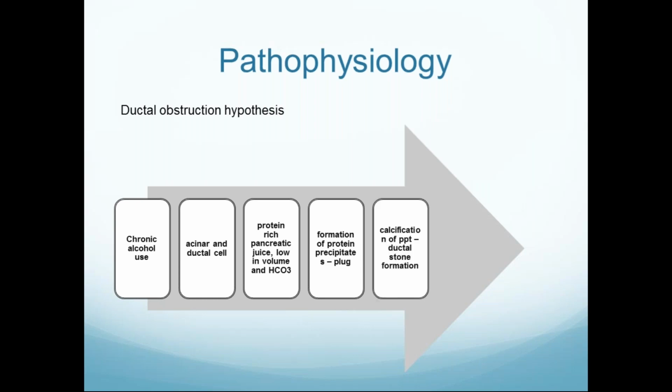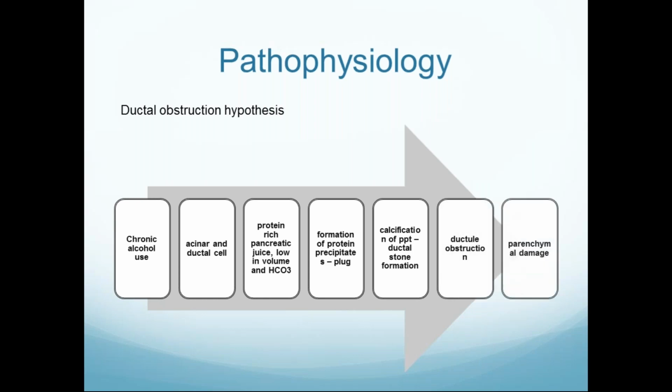These plugs cause the calcification and form the ductal stone in the pancreatic duct, which causes ductal obstruction. This ductal obstruction causes retention of the pancreatic juices that are secreted by the SNR and ductal cells, further causing destruction and further causing the parenchymal damage.